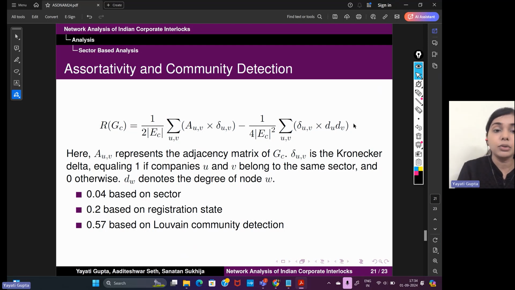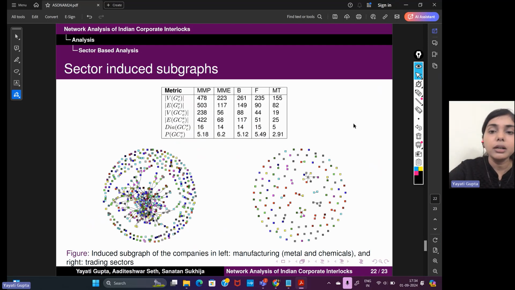When we applied a community detection algorithm on this network, we obtained a significant modularity score of 57%, which shows that there are communities in the network and companies are forming communities. But as of now, we haven't been able to find the reason behind this homophily, what is actually causing it. That is one of the directions for future work.